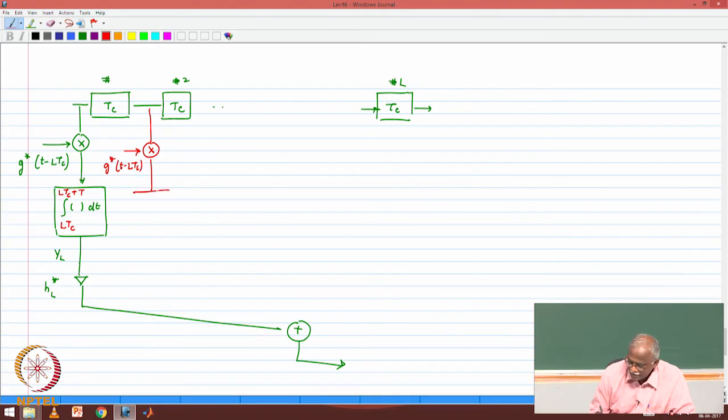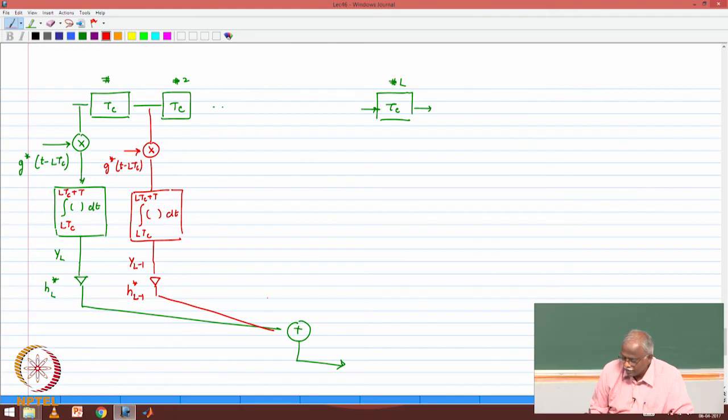The integrator is exactly the same, same limits of integration, integral LTC to LTC plus T, whatever is the product dt. I will call this YL minus 1, and the multiplier will be H of L minus 1 star, and this also gets added.